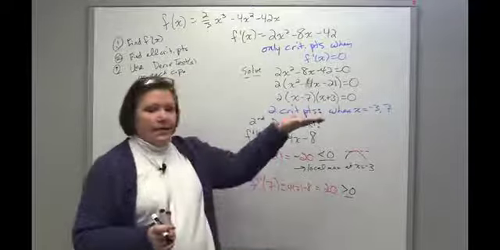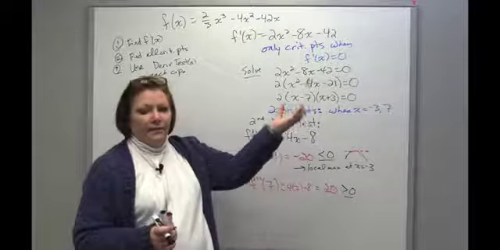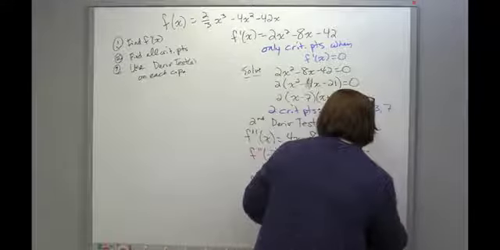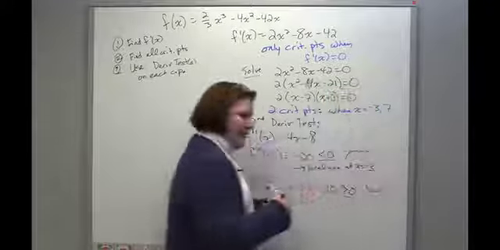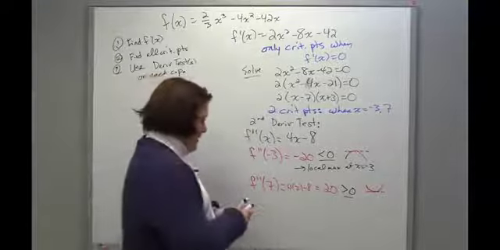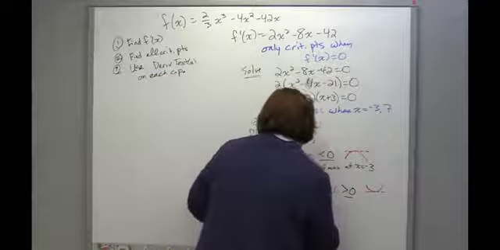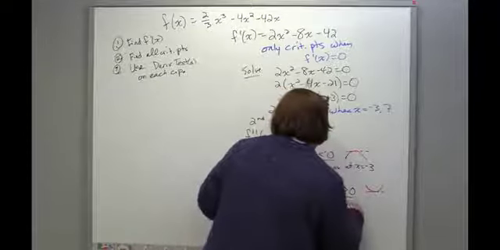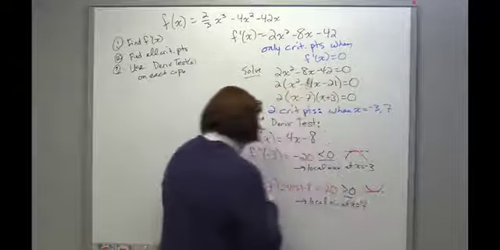So we had a horizontal tangent line and we're concave up. That tells us we have a picture that looks like that. So we have a local min at x equals 7.